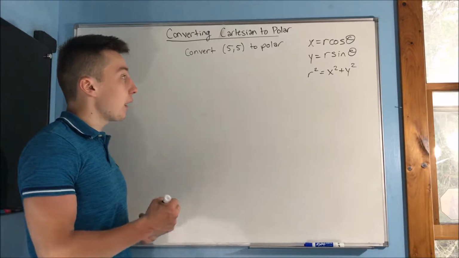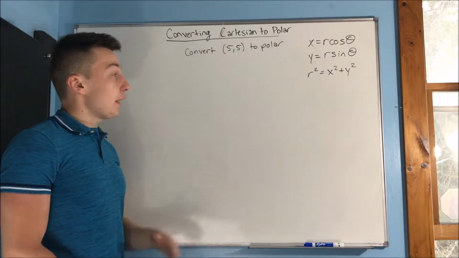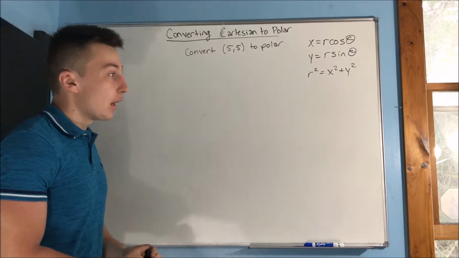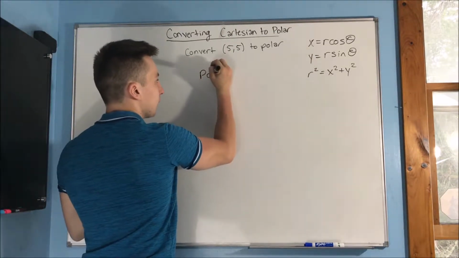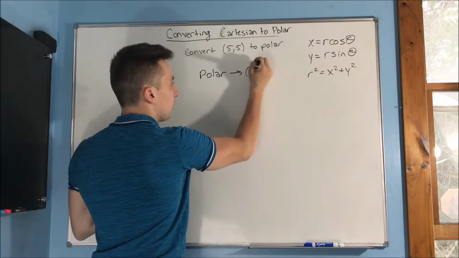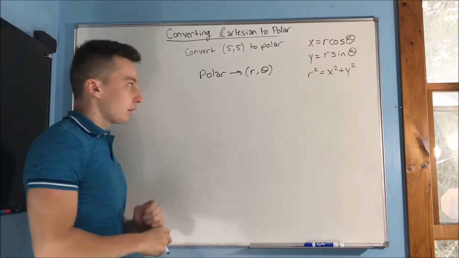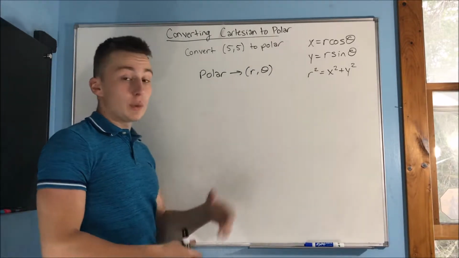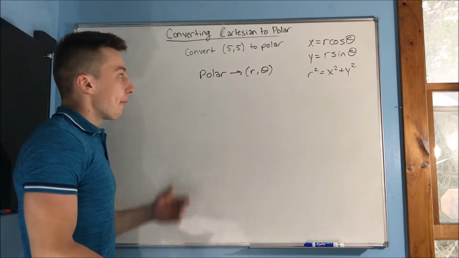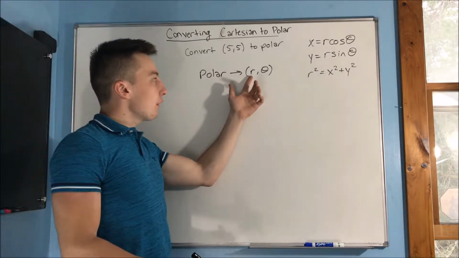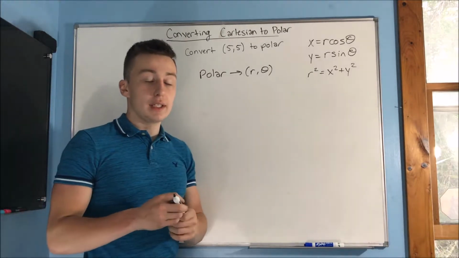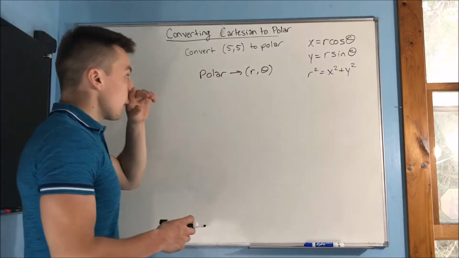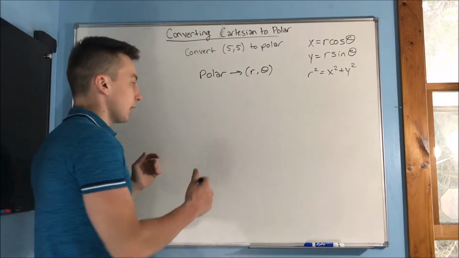We want to convert (5, 5) to polar, (5, 5) being in Cartesian coordinates. Polar coordinates are (r, theta). So the first thing we should find is r. If you think of the r as the resultant, and hopefully you have a decent knowledge of vectors, then this problem makes a lot more sense.